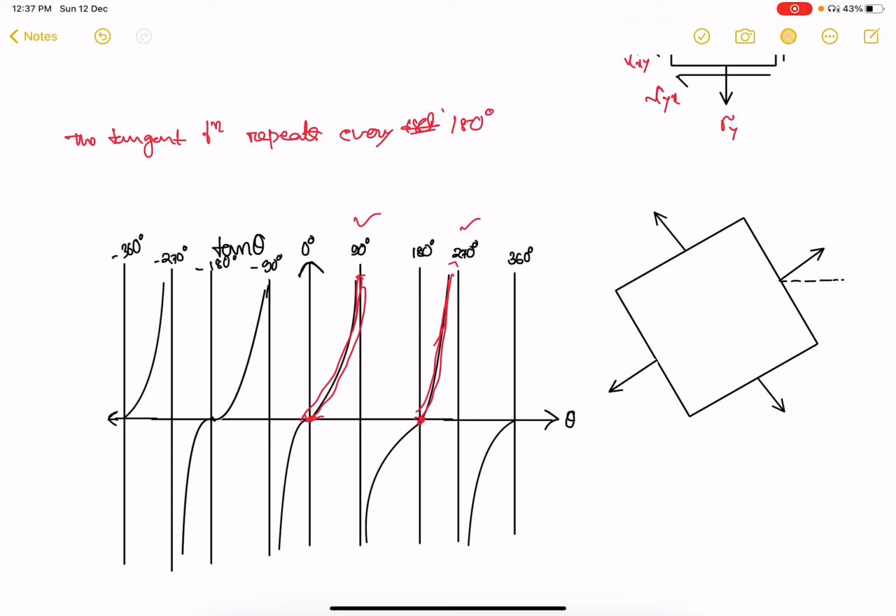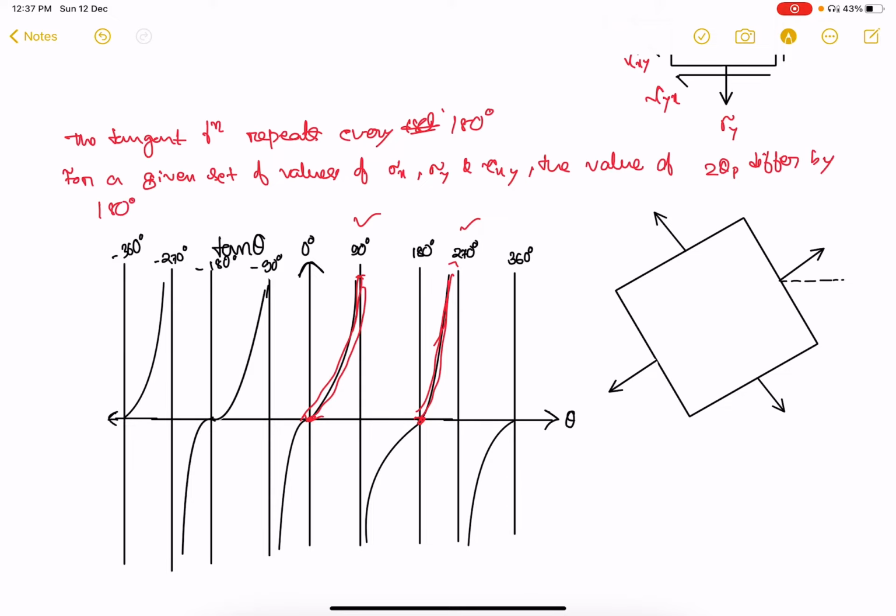So for a given set of values of sigma x, sigma y and tau xy, the values of 2θp differ by 180 degrees.